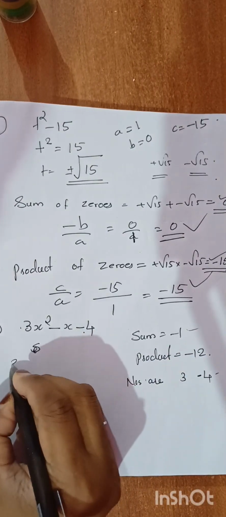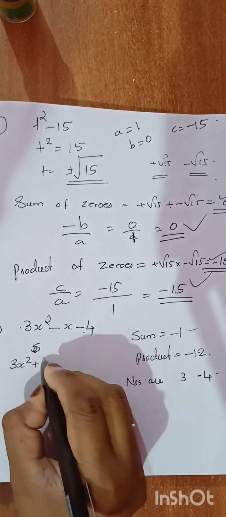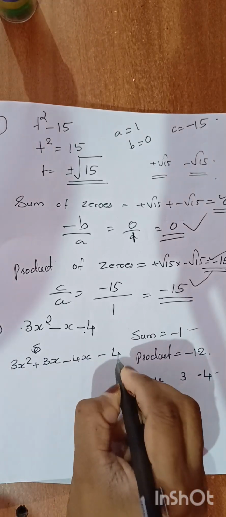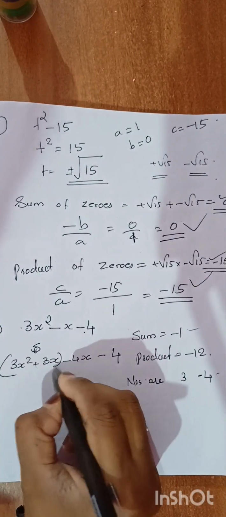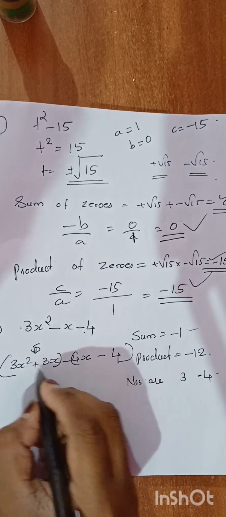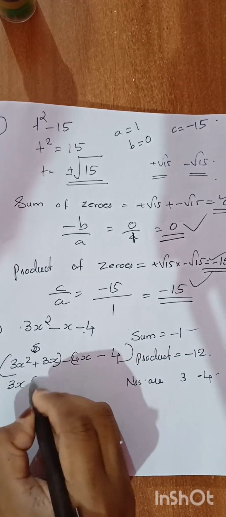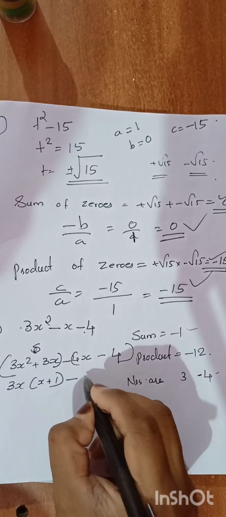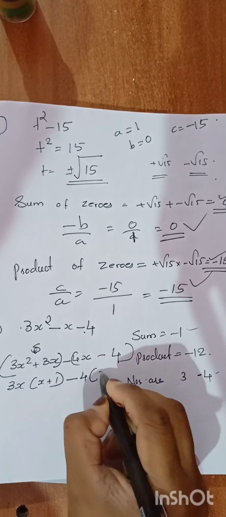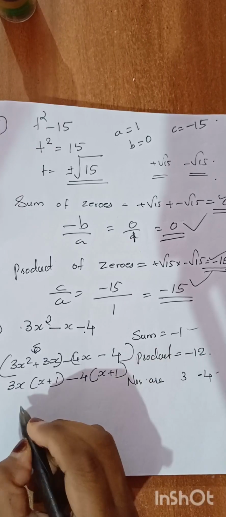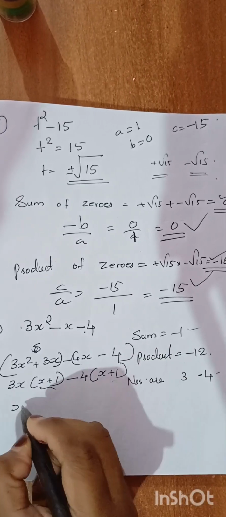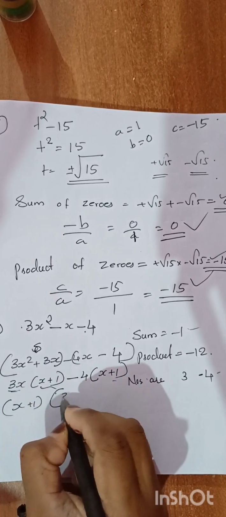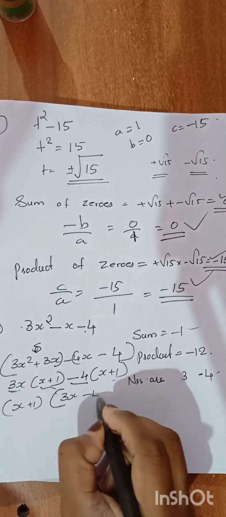Then write it as 3x square plus 3x minus 4x minus 4. Next put the brackets, take the common outside. Here 3x is common, then x plus 1 is the balance here, minus 4x and 4, 4 is common here, and here x plus 1. So taking x plus 1 outside, x plus 1 bracket, here 3x is the balance, 1 minus 4 is the minus 4.